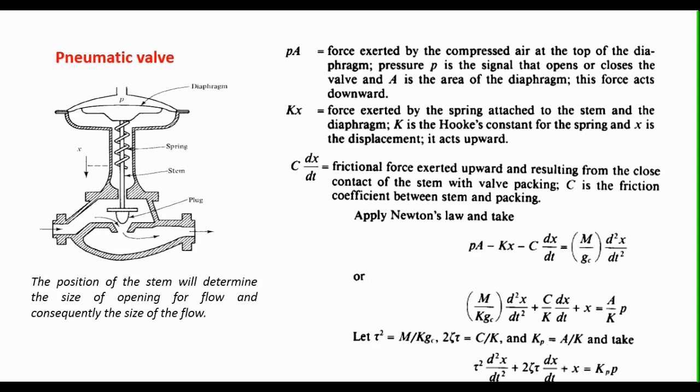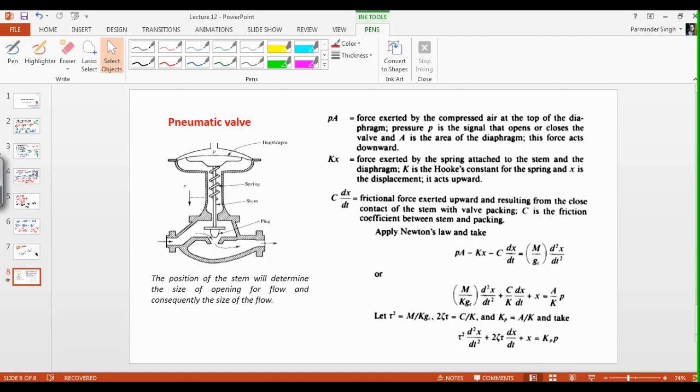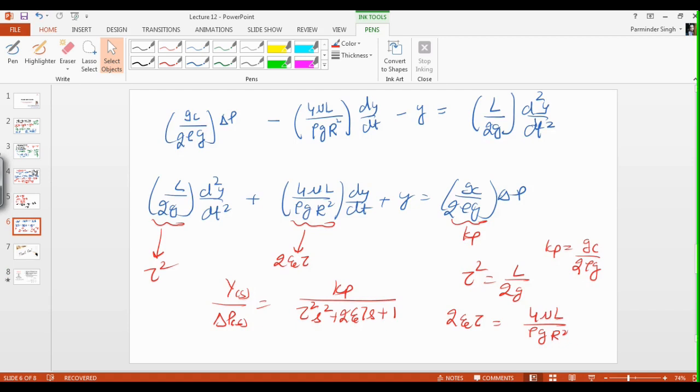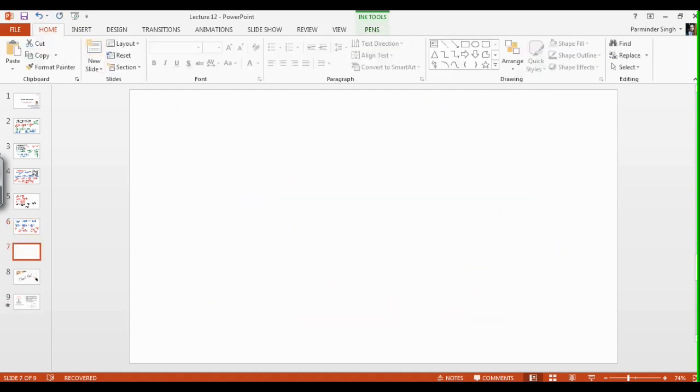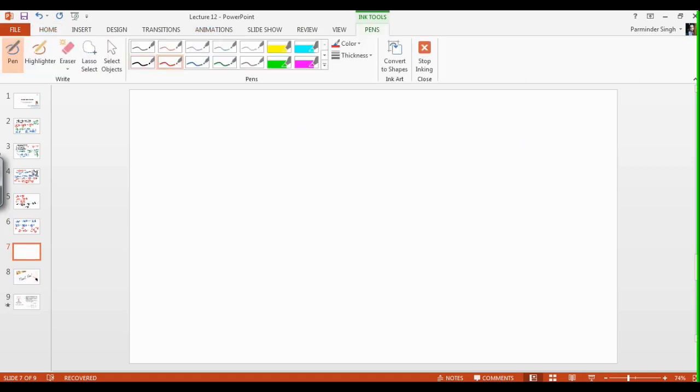Moving further, we know that second order systems have a transfer function represented as Y(s) upon X(s) as 1 upon tau square s square plus 2 zeta tau s plus 1.